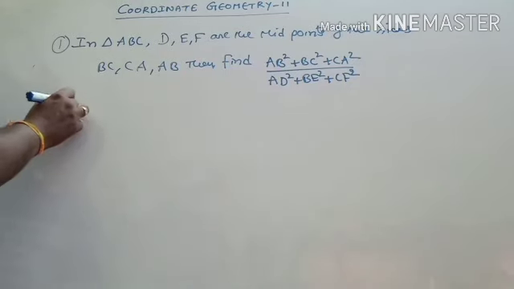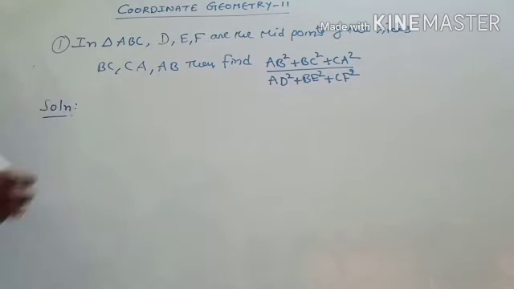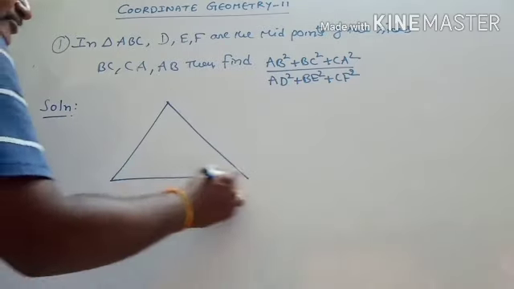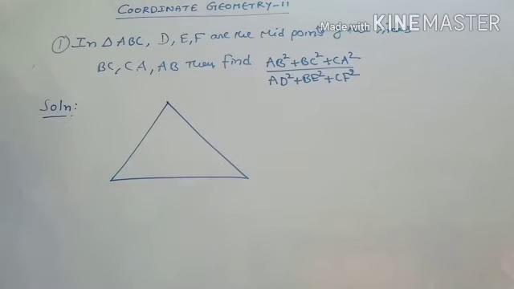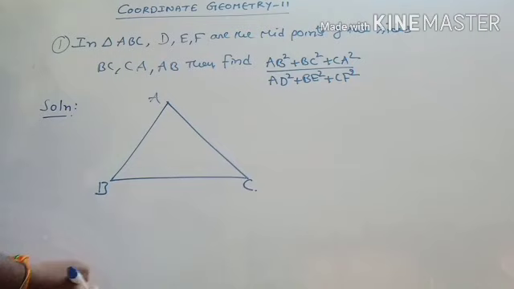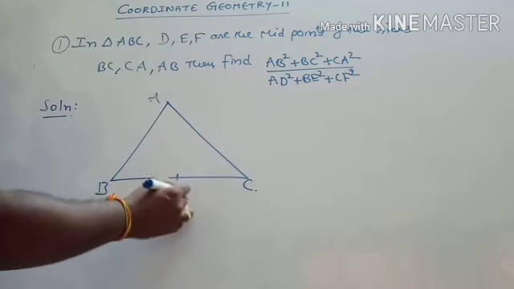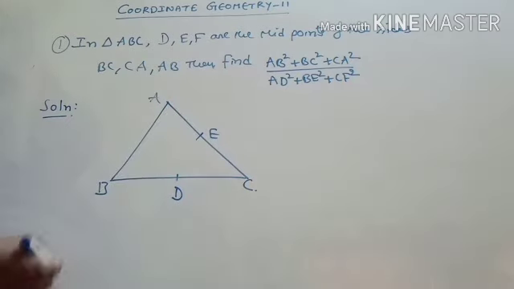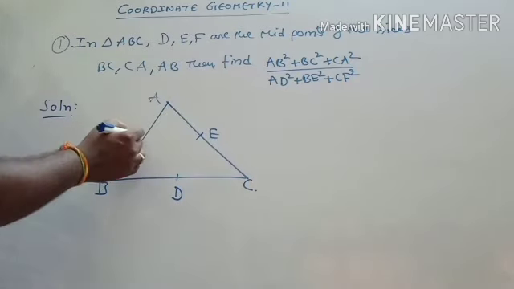You observe, my dear students, as we discuss the solution part of it, we take a triangle like this, triangle ABC. In this, D is the midpoint of BC, E is the midpoint of CA, and F is the midpoint of AB.